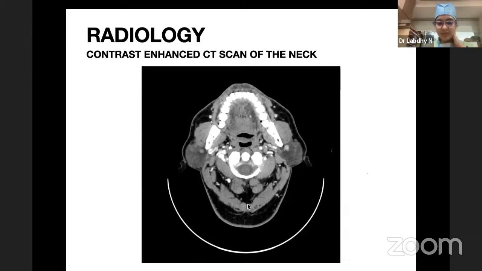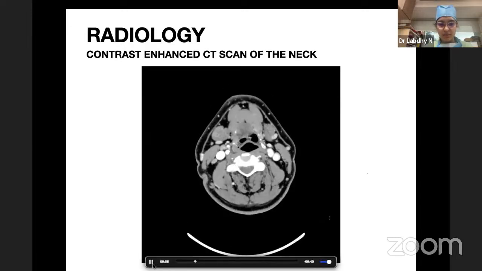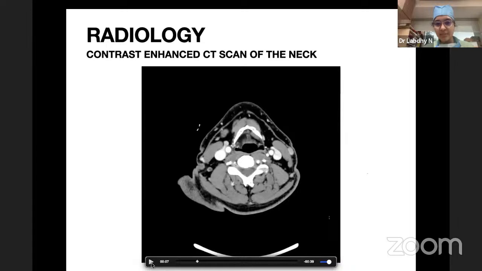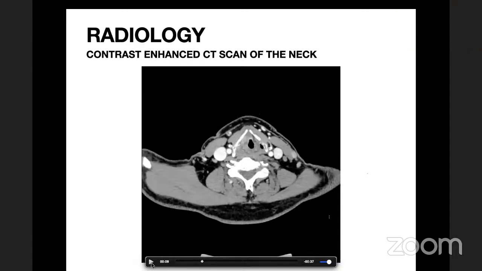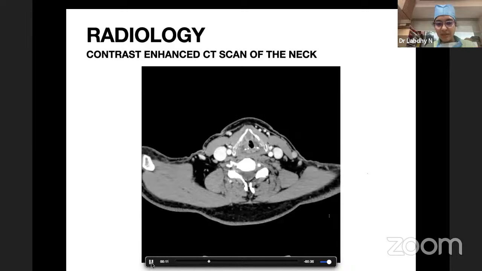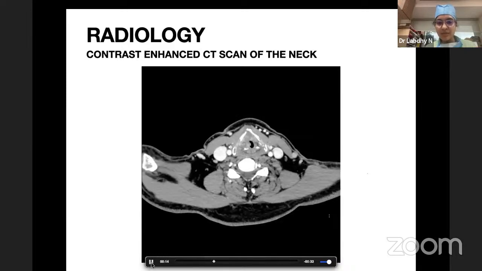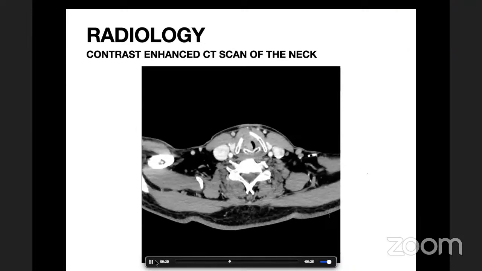Coming to the imaging of this patient. This is a contrast enhanced CT scan of the neck. Here we see the pre-epiglottic space coming into picture. We see the lesion appearing at the level of the false cord on the right side. As we go downwards further, the cricoid cartilage has started coming into picture, and the cricoarytenoid joint now.